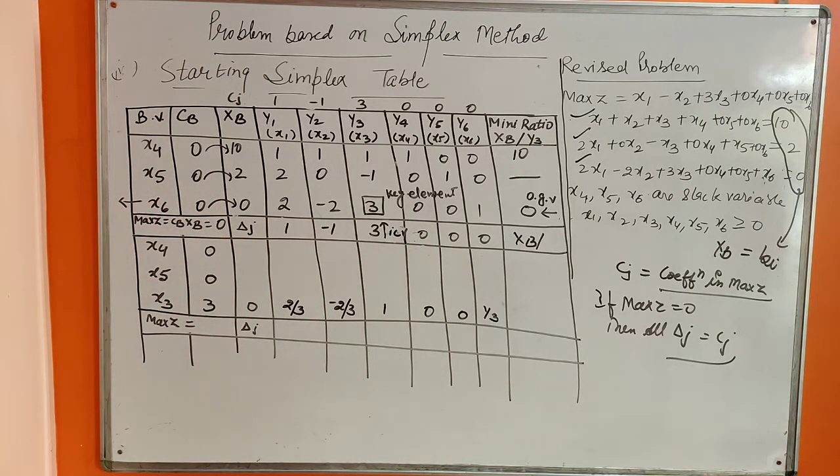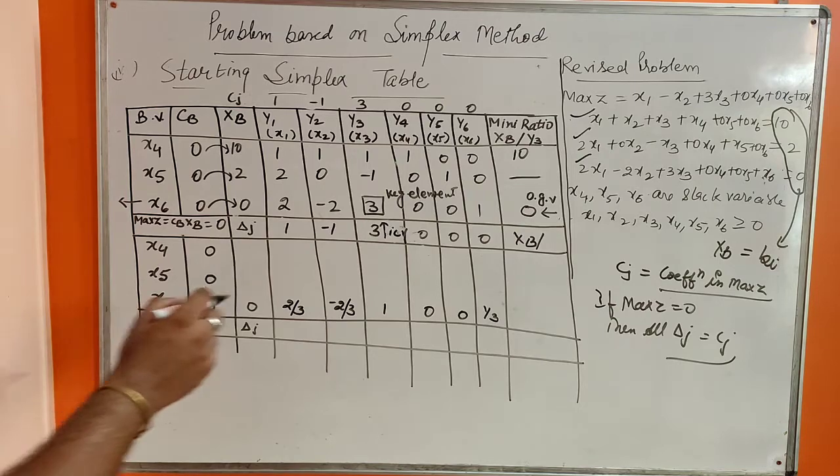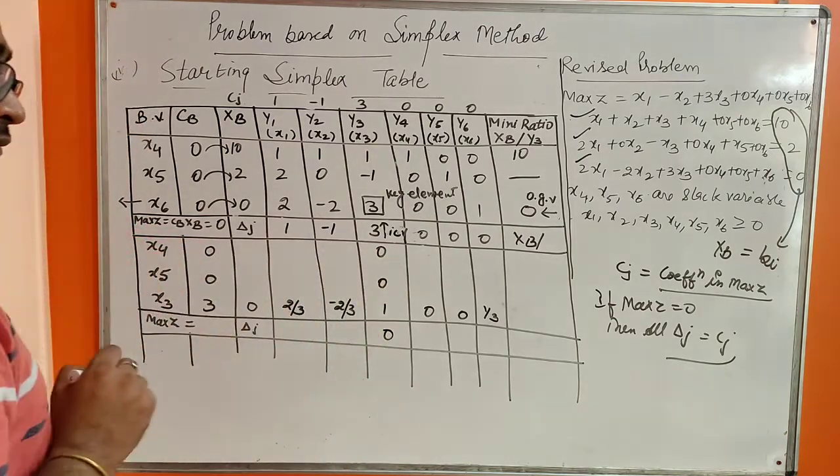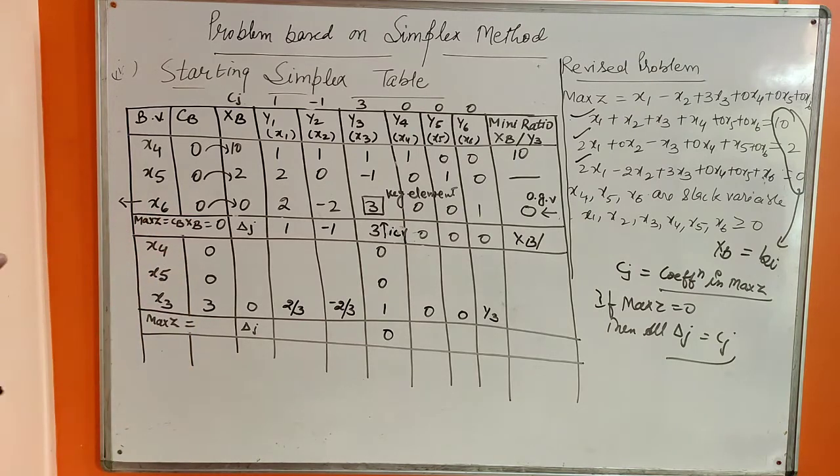Now make all elements 0 in the key element column. So 0, 0 and 0. The next step is, if there is any 0 in the key element row, then the column containing that 0 remains as it is.